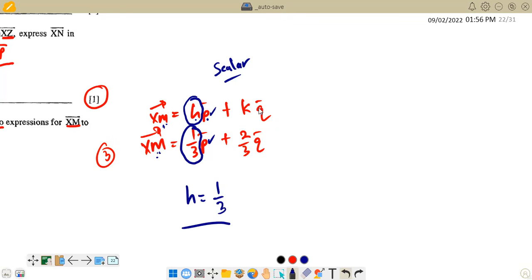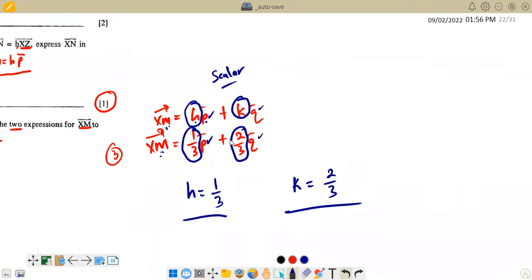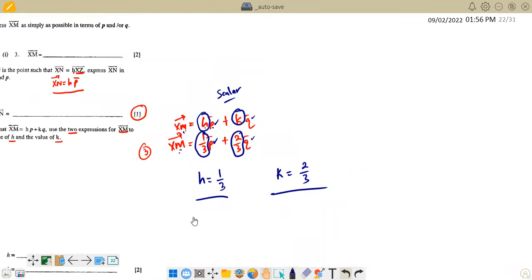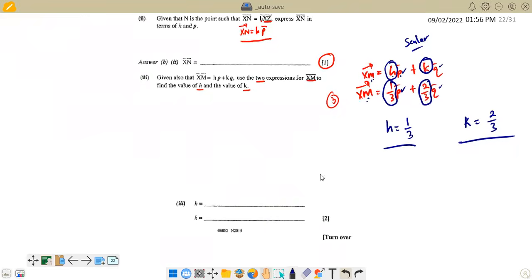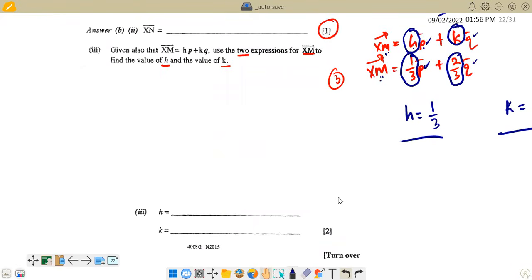You move on to q, you take the scalar, which is k. So your k is going to be 2/3. So you've got the value. We did not need any working out of this and that. This one was just direct on this question. So this is the value of h and k.